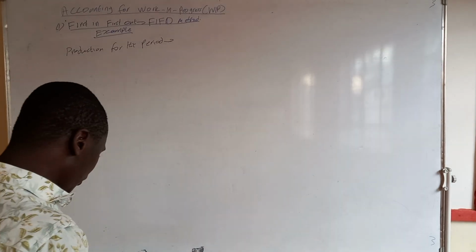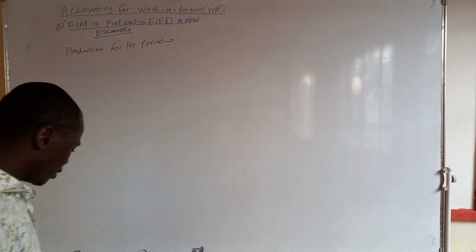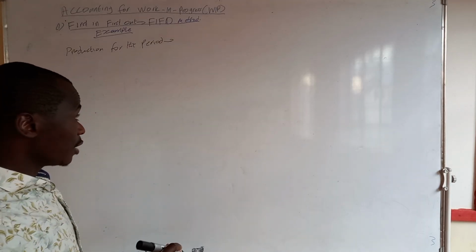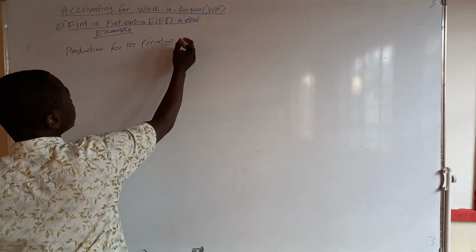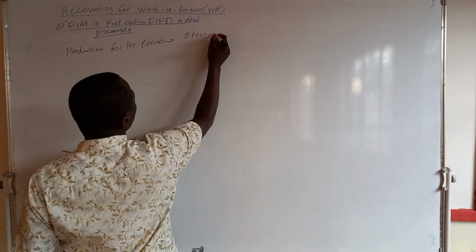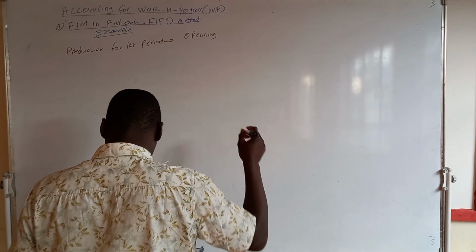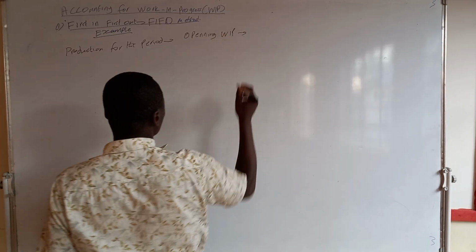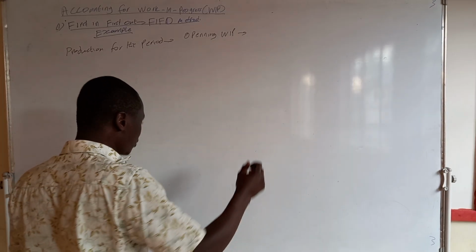Now, how do we get the production for the period? Production of the period is equal to opening work in progress, which you are given to be 600 units.